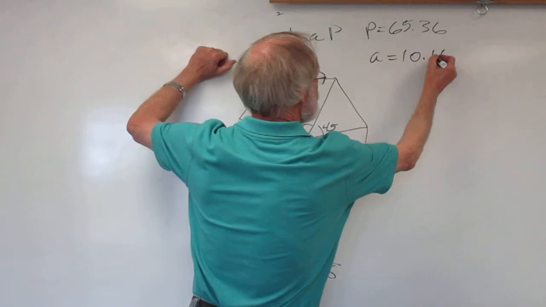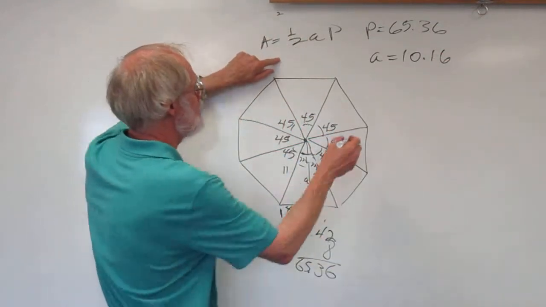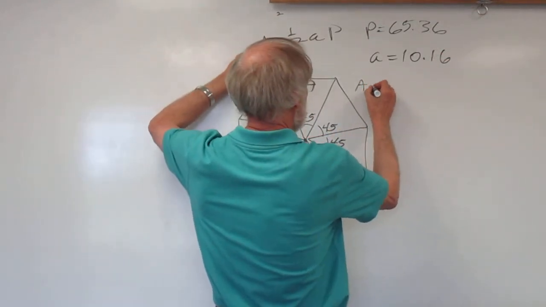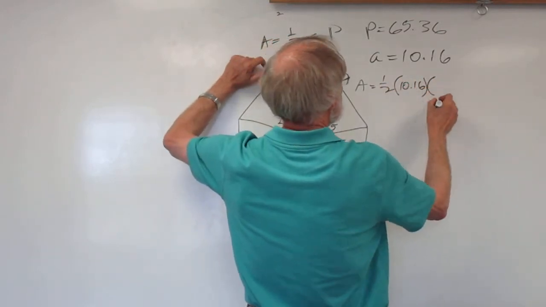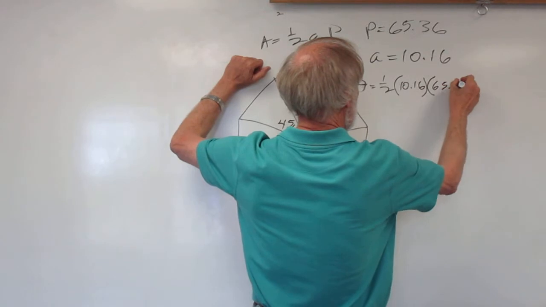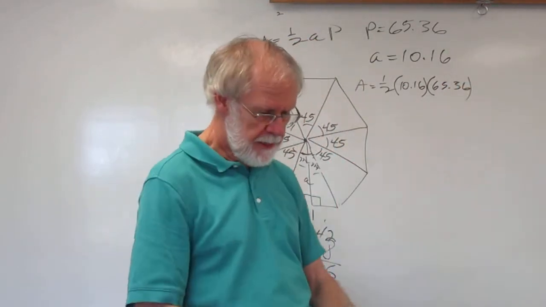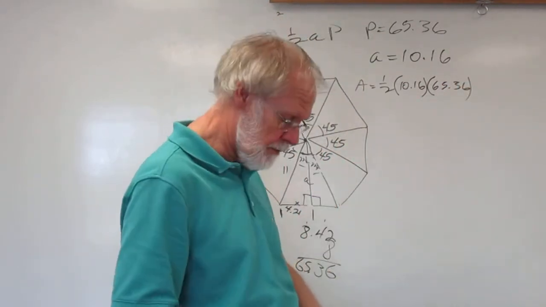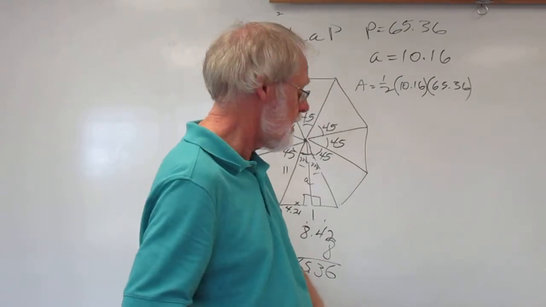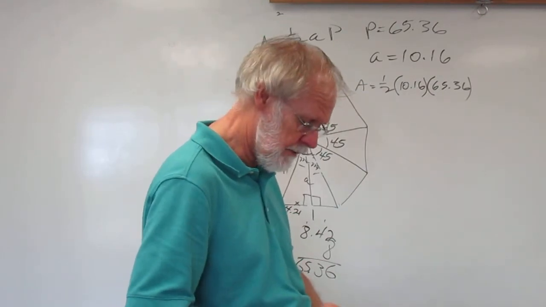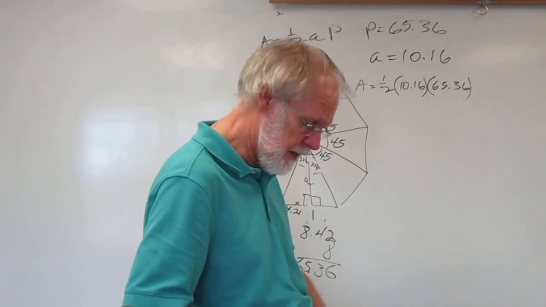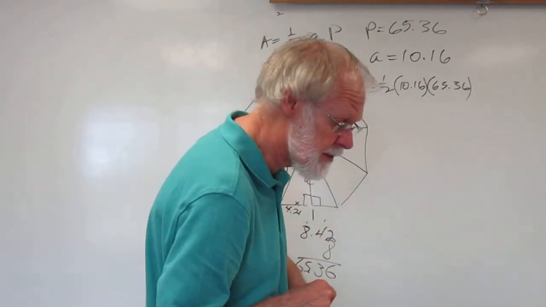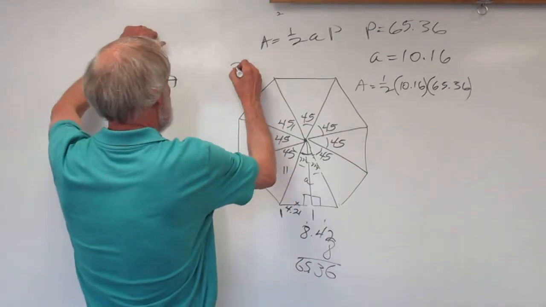Now, in order to solve this problem, all I have to do is plug those in. I have area equals 1/2 times 10.16 times 65.36. So if I multiply that out, I get 0.5 times 10.16 times 65.36 equals 332.03.